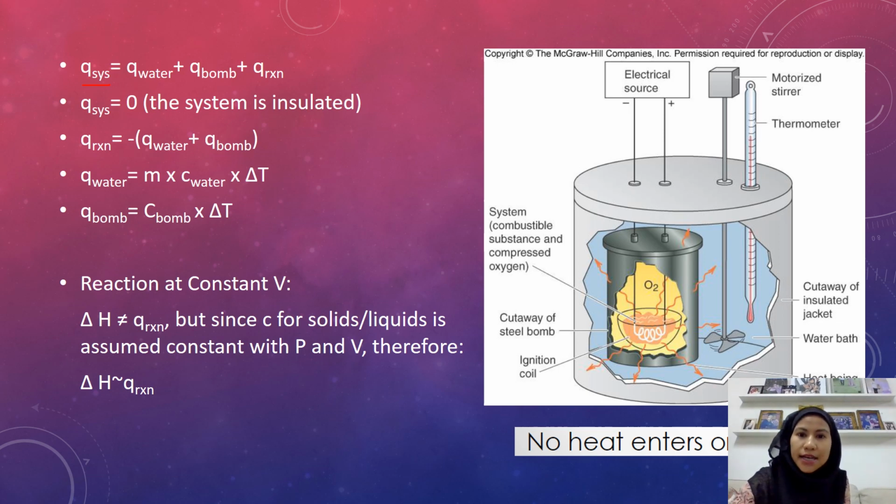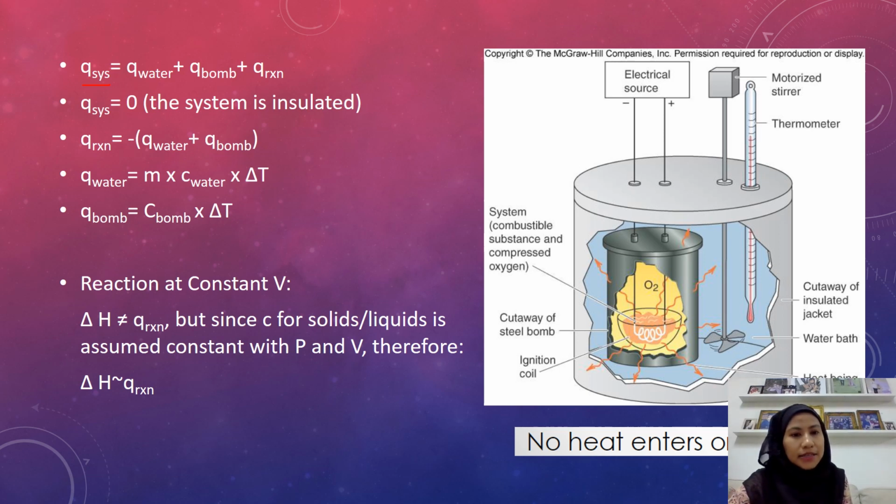The special design of the calorimeter allows us to assume that no heat is lost to the surroundings during the time it takes to make measurements. The system is isolated because no heat enters or leaves the system throughout the process. The heat change of the system must be 0.